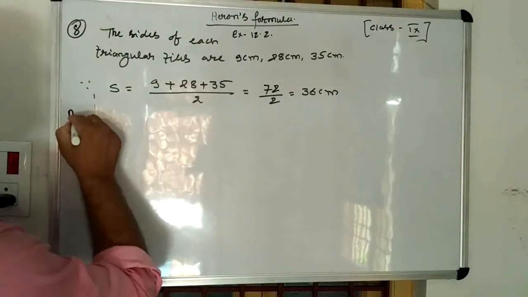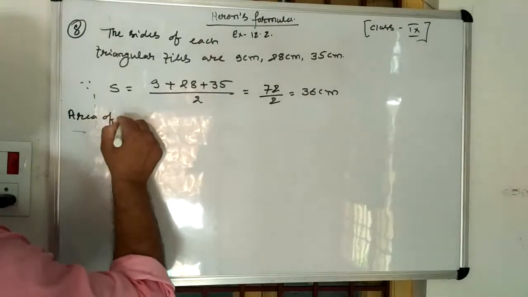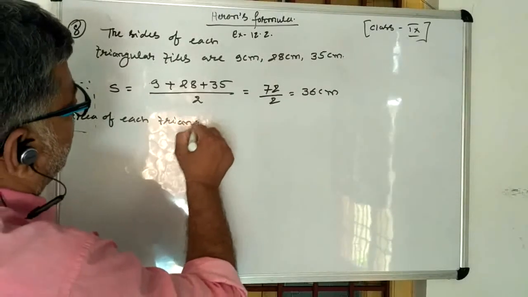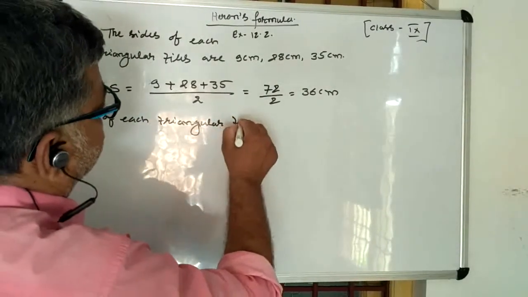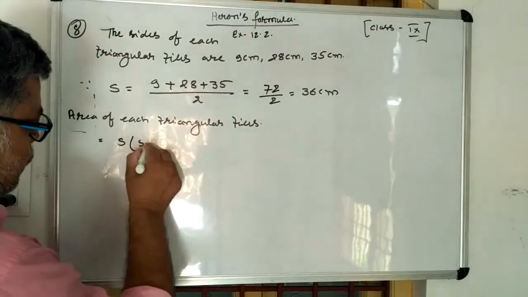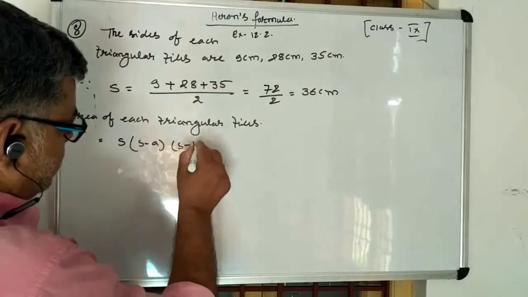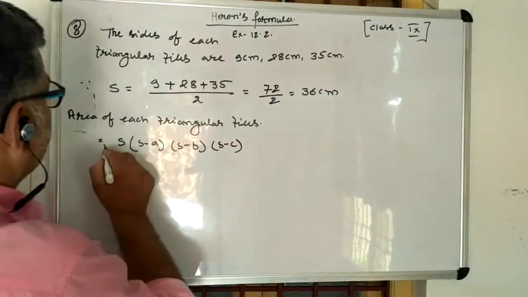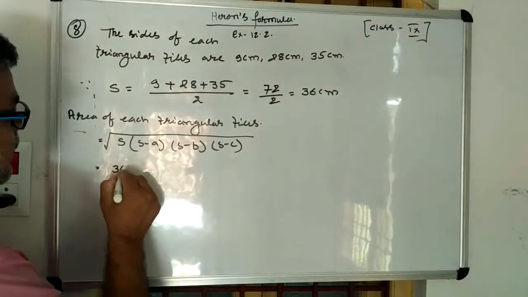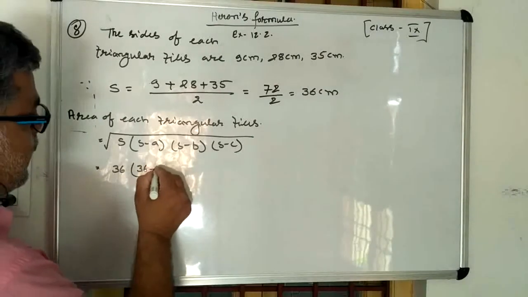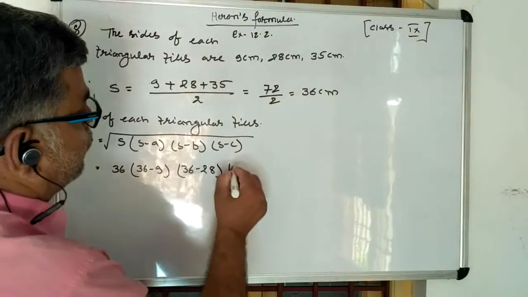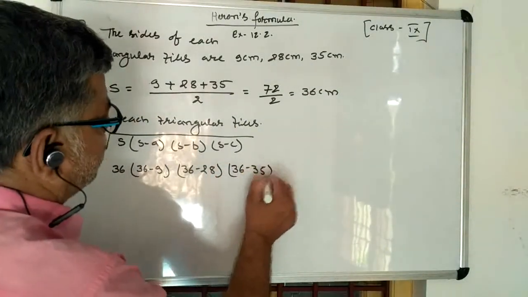Now you calculate the area of each triangular tile by using Heron's formula, which is the square root of S into (S minus a) into (S minus b) into (S minus c). Here S is 36, so it is the square root of 36 into (36 minus 9) into (36 minus 28) into (36 minus 35).